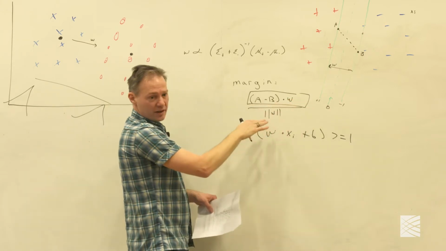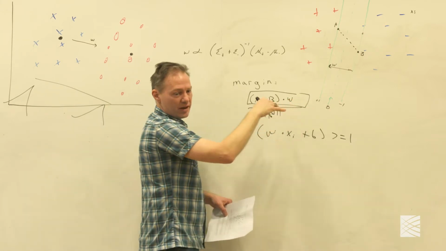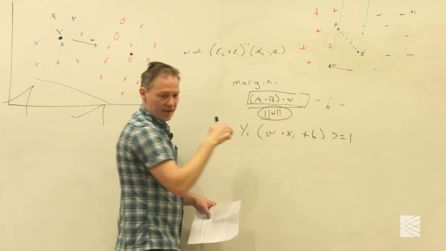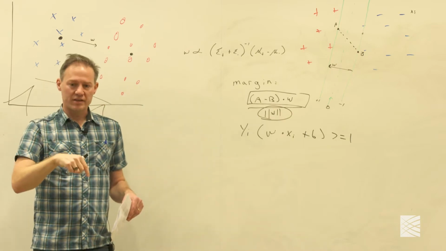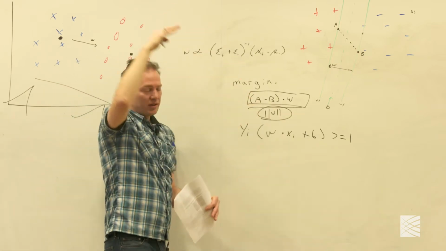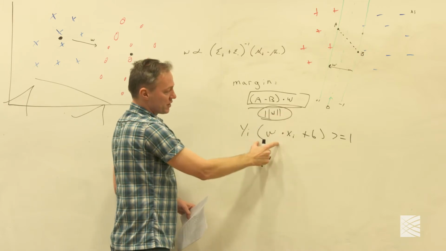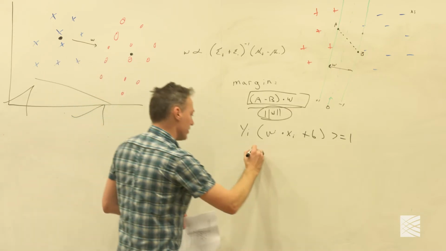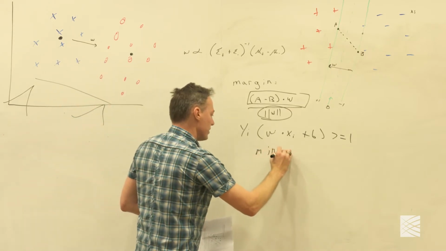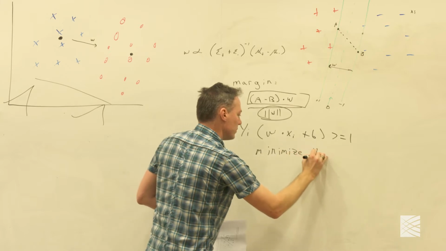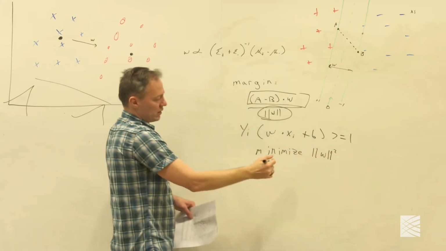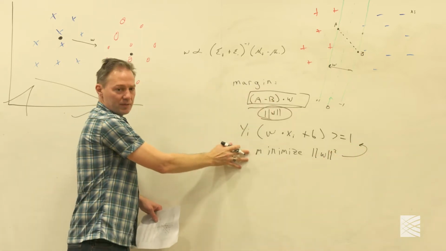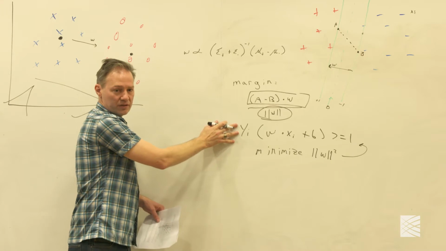When we look at this part, this was constrained by being on the boundary. And so if we minimize that, minimize the width, then this margin grows. So the smaller this, given these constraints, the wider the margin. So that gives us our optimization problem. We just minimize, but such that that's true. So we've got a quadratic minimization with linear constraints.